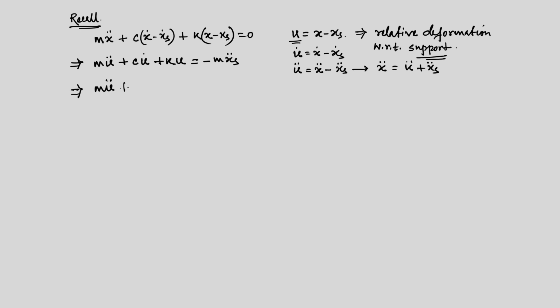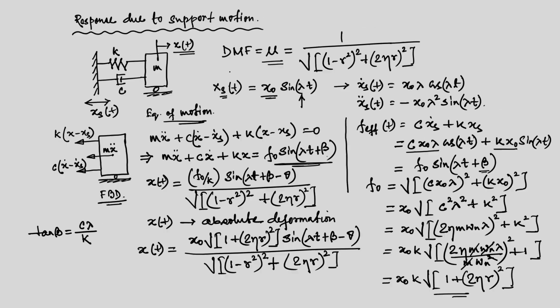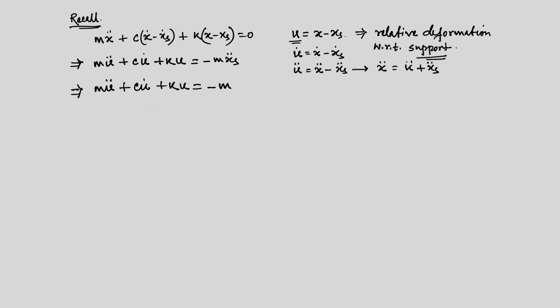We have already derived the expression for x s double dot, that is minus x naught lambda squared sin lambda t.